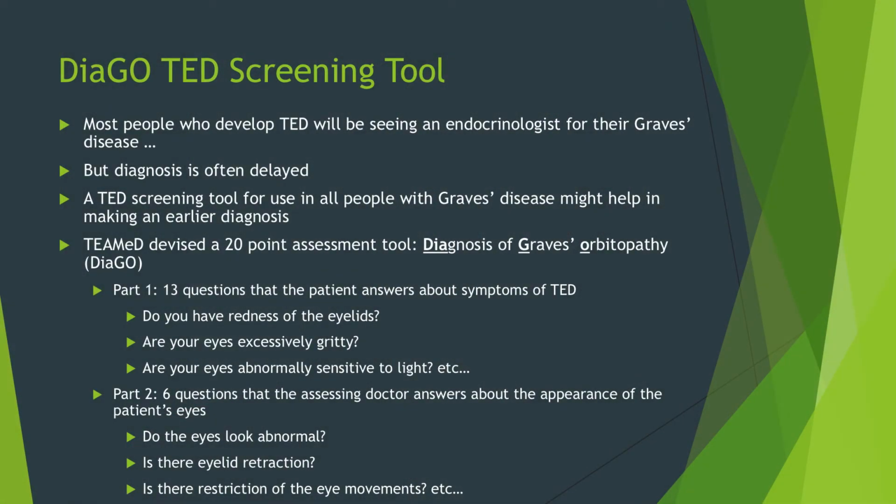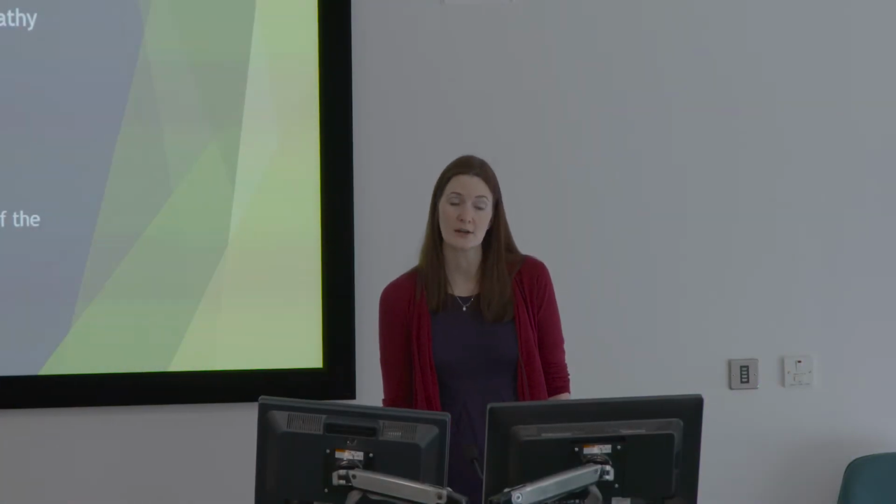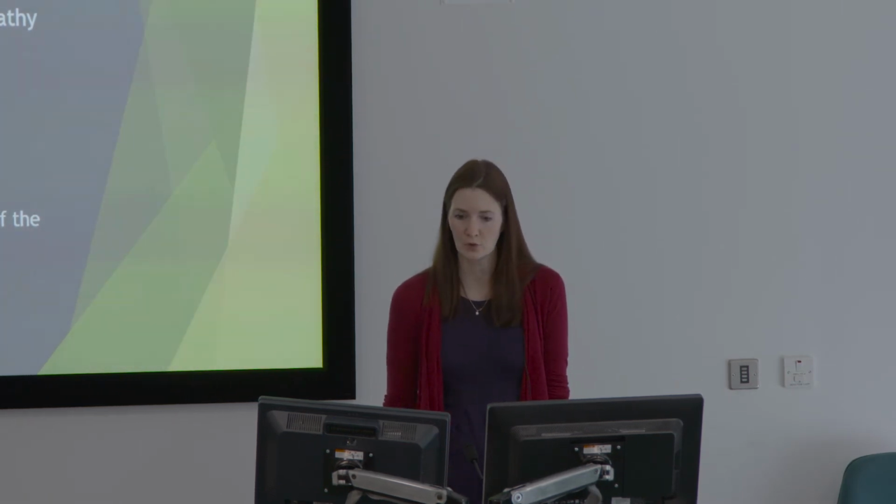Are your eyes excessively gritty? And are your eyes abnormally sensitive to light? The second part comprises 6 questions which the assessing doctor answers about the appearance of the patient's eyes and whether the patient appears to have any eye abnormalities. Example questions include whether the eyes look abnormal, whether there's any eyelid retraction, and whether the eyes move normally.